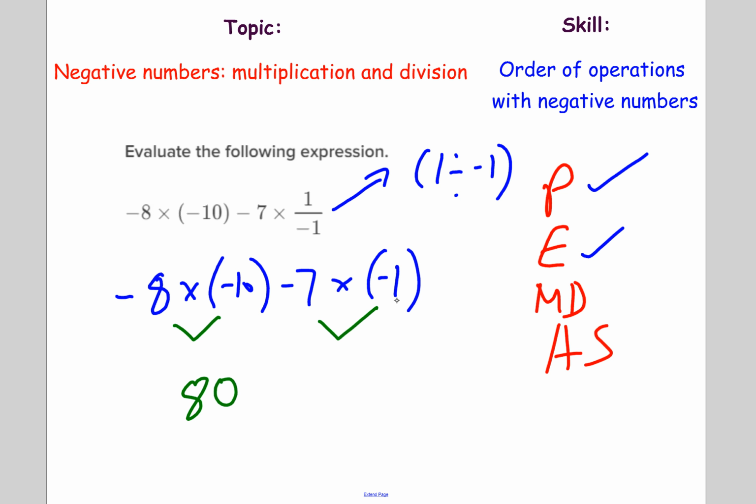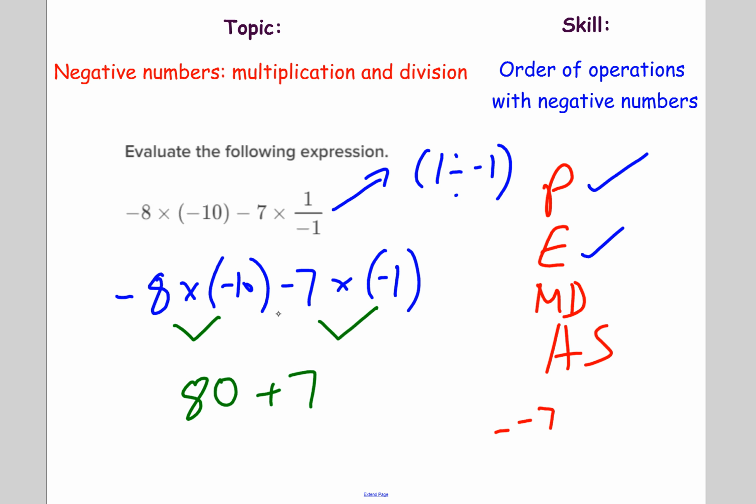Negative 7 times negative 1 is positive 7. Now, some of you may look at this, and I'm going to kind of bring that over here. Isn't that 7 times negative 1, which is negative 7? Okay. If you think of that as 7 times negative 1, it is negative 7, but it's going to be minus a negative 7, which becomes plus 7.